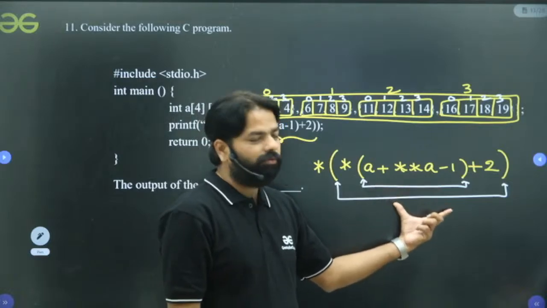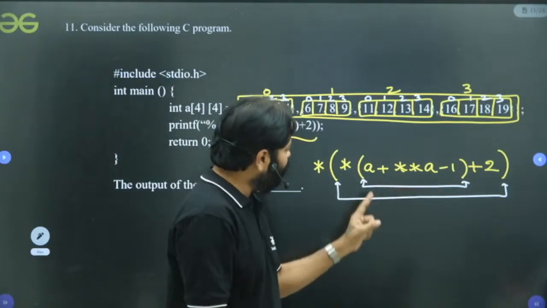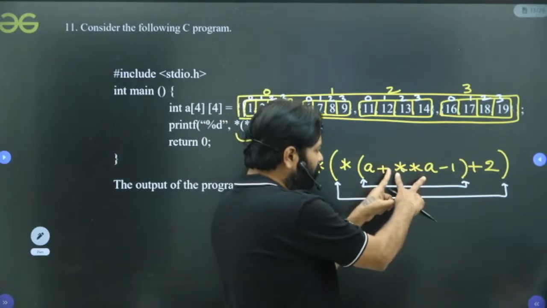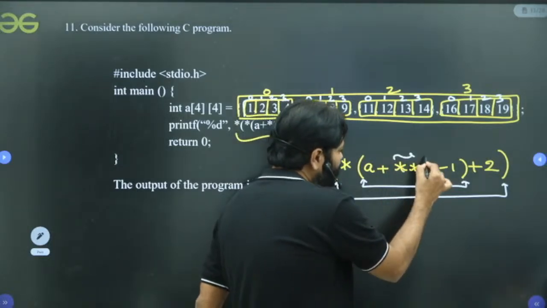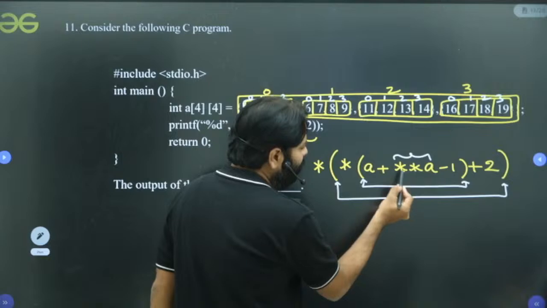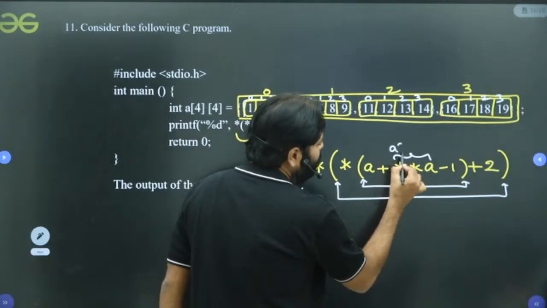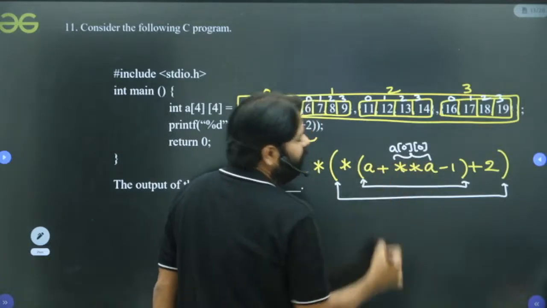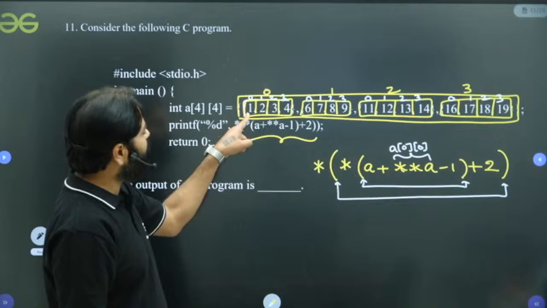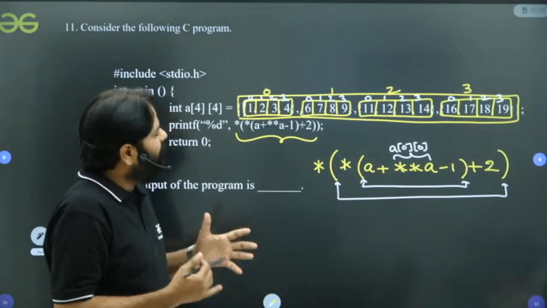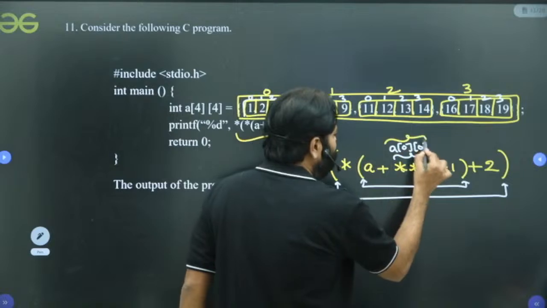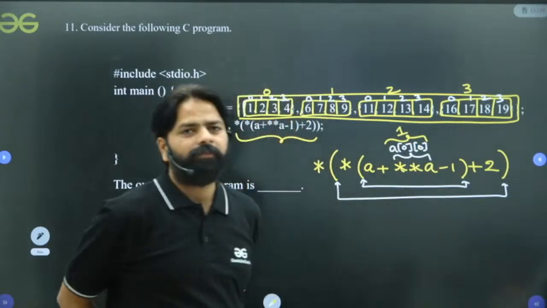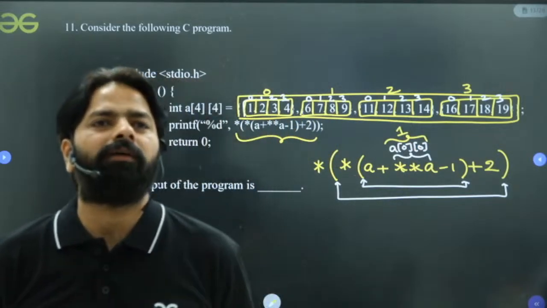Without this you cannot do the rest. Inside it you have a plus, the highest precedence, so first evaluate this. What will you evaluate? Star a means a of 0 only. Who is a of 0 of 0? This one will come out as an element, right? This is a two-dimensional array, so you will definitely get an element. So 1 is the answer. Everybody got it? That's the key, then you will do everything right.